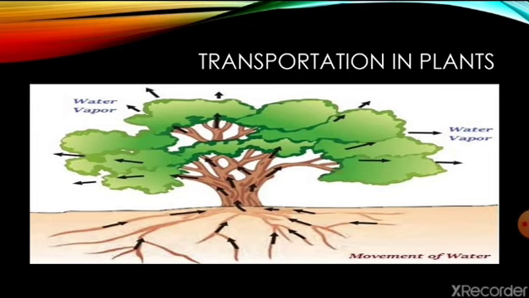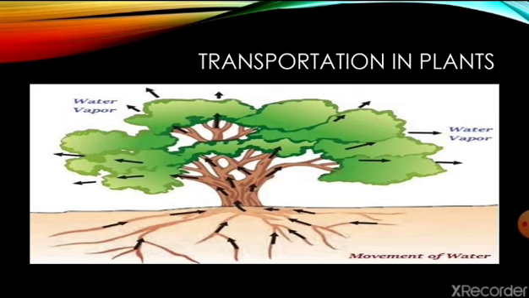Transportation of water and minerals involves first the absorption of water and mineral salts from the soil by the root and the root hairs. So the root causes pressure and the water and the mineral salts enter the xylem and the tracheate vessels. Through them, it goes to the upper part of the plant body.